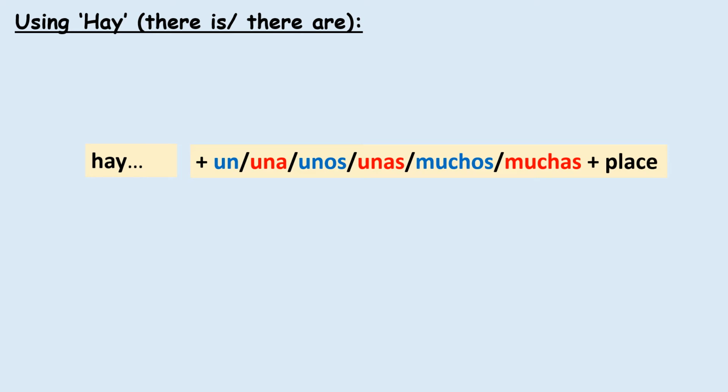If I am talking about a place that is masculine in Spanish, I'm going to have to choose a masculine form. And if I'm choosing a feminine place in Spanish, then I will choose a feminine form, also with singular and plural. So you need to remember about agreements with the articles and the place, the noun.